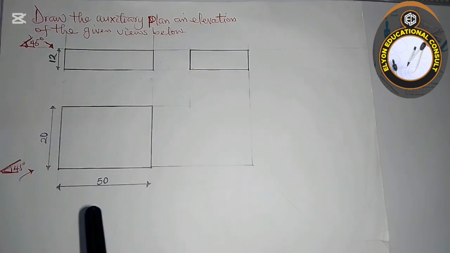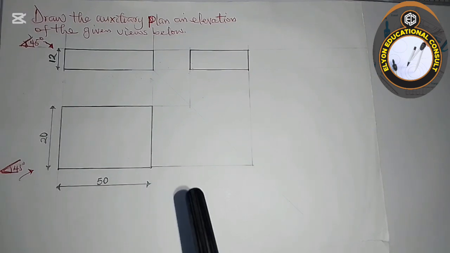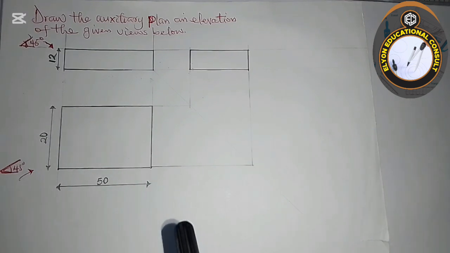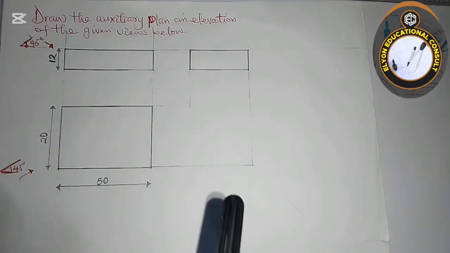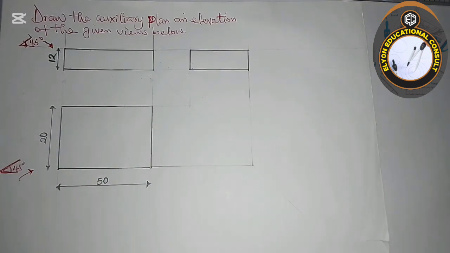Auxiliary views are used to show the true shape of features that are not parallel to any of the principal planes of projection. They can also be used to show features in a view where they appear true size, so that they can be dimensioned. We can also use auxiliary view to determine views which provide critical decision.